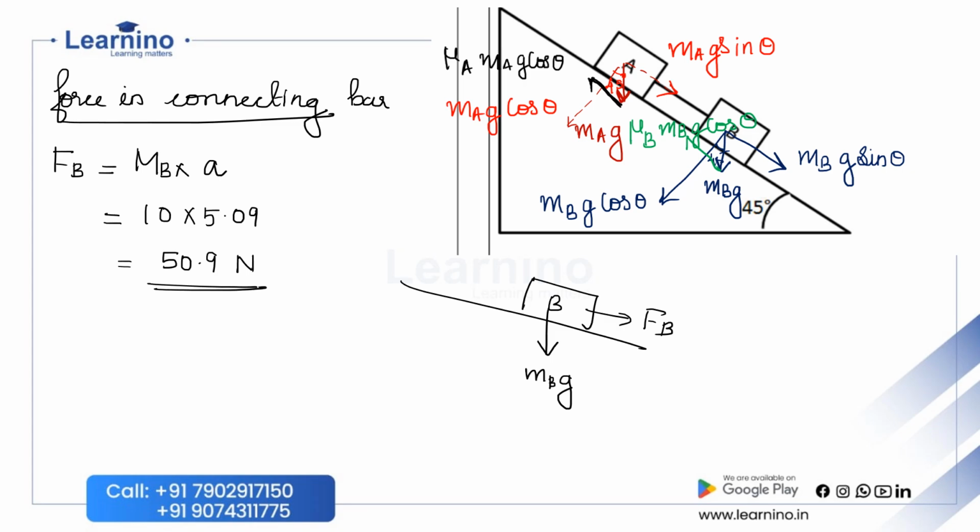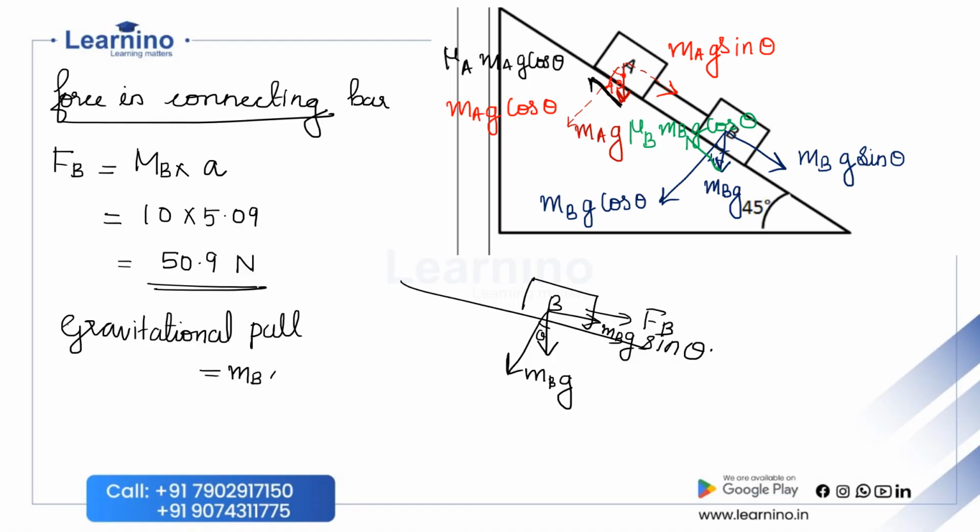In the inclined plane we have a component of this gravitational pull, and that is MB into g into sin theta. I can write the gravitational pull, or we can write all the forces together and resolve them. Gravitational pull is equal to MB into g into sin theta.